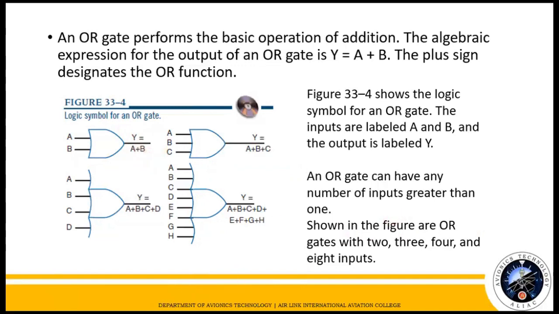And pag dito naman, nagkaroon ka ng example, 1, 0, 1, 0, so A, B, C, D. Hindi magiging equals to 2 yan ah. Hindi yan 2. Yung Y equals to 1. Ganyan ang mangyayari sa OR gate.